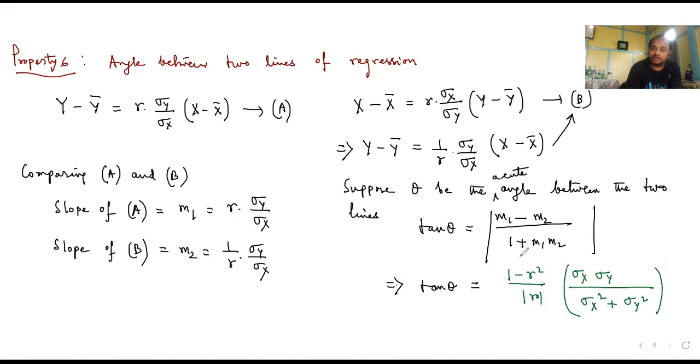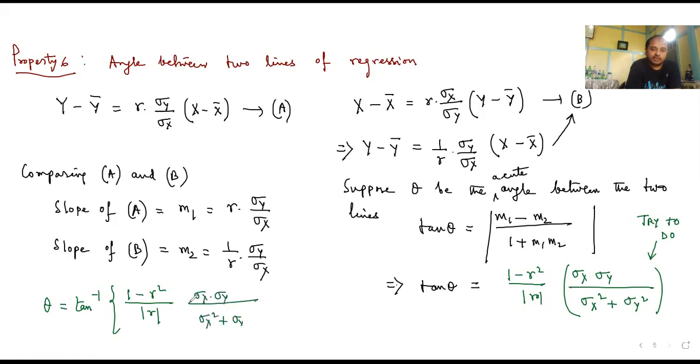The modulus sign will not be there, by the same logic by which we avoided it in earlier calculations, because sigma x and sigma y are positive quantities. Try to do this calculation. And if tan theta is like this, then theta will be tan inverse of 1 minus r square by mod r, into sigma x sigma y by sigma x squared plus sigma y squared.